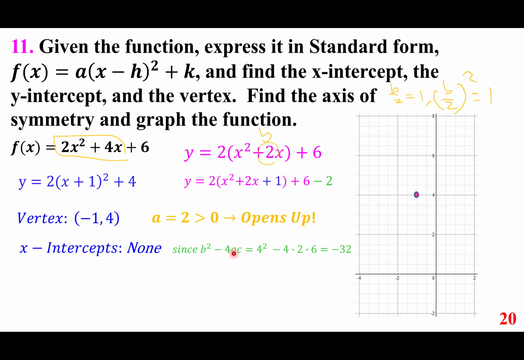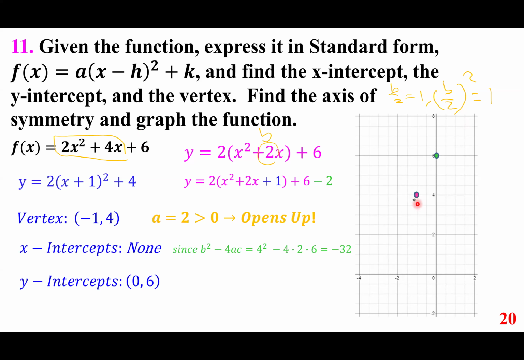Remember, if b squared minus 4ac is negative, you don't have a real solution. It is a real solution that corresponds to zeros or roots of a function. And so with that being the case, this has no x-intercept. And the y-intercept, you can see it from here, 0, 6. So we have the axis of symmetry, of course, x equals -1.